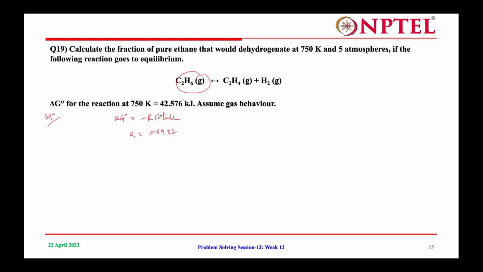And here consider 1 mole of ethane initially, so n0 equal to 1. And the stoichiometric coefficient: minus 1 plus 1 for C2H4 plus 1 for H2, so the total is 1.